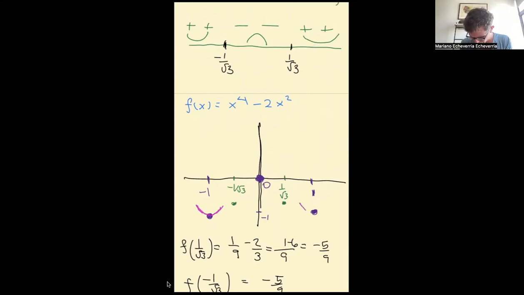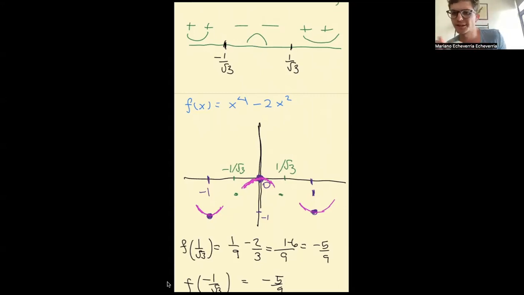So let's draw a mini happy face here. In fact, this is going to look better if I put the numbers 1/√3 and -1/√3 above the x-axis. So let's do that. Okay, and what about 0? 0 is in this region, so the function is sad. Right? So far, so good.